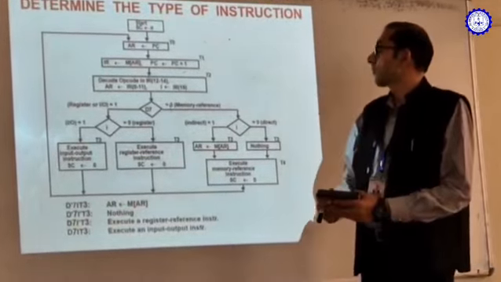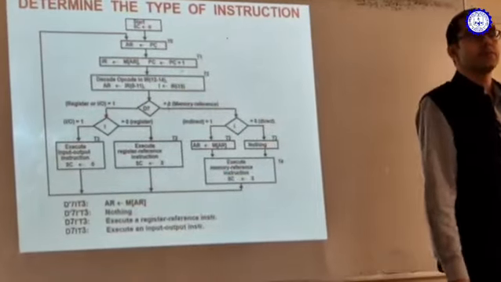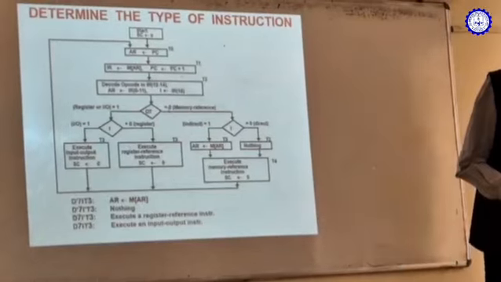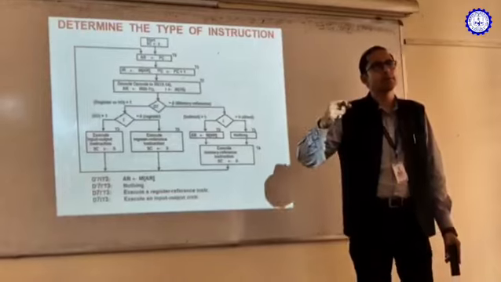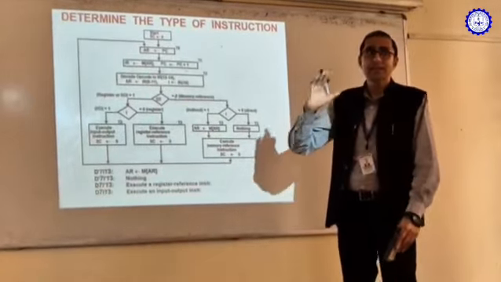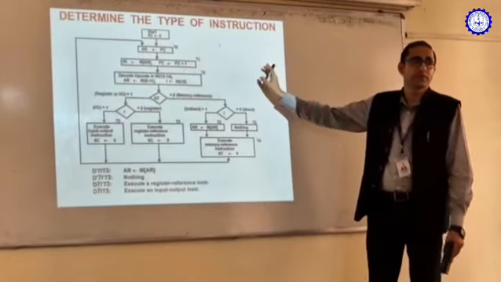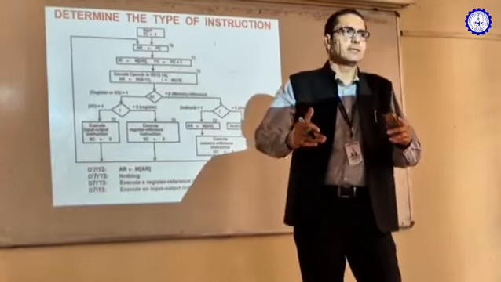Now, let's start. Sequence counter, we have already discussed in the previous class. What is sequence counter? It counts how many steps or how many clock pulses are required to execute the instructions. Not exactly the clock pulse. Clock pulse we have a timer for, but sequence counter counts how many cycles.